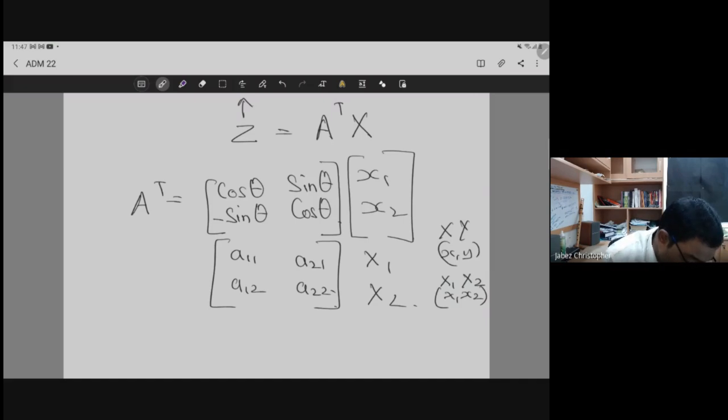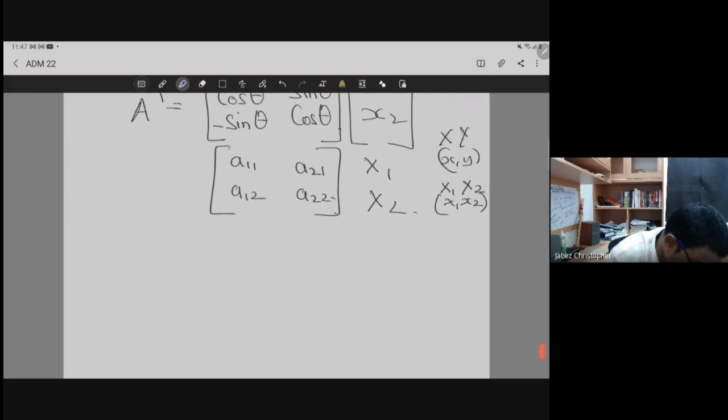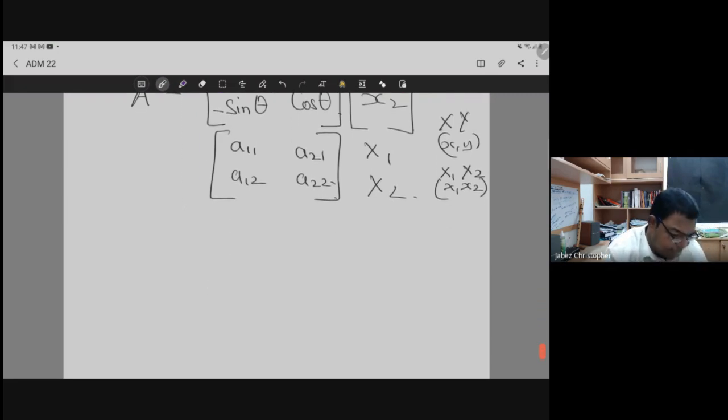Okay. Now generalizing this whole expression: if you have two variables, it's going to be x1, x2 to z1, z2.